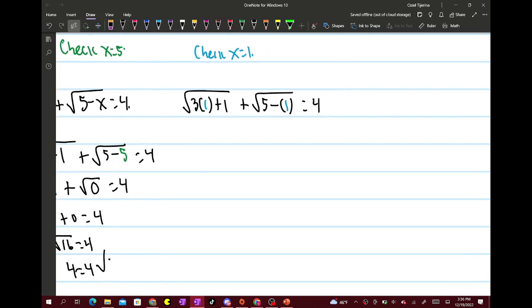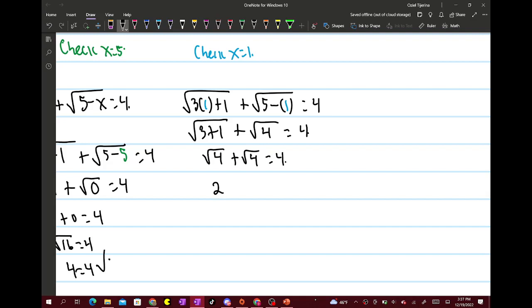So then this would be the square root of 3 plus 1 plus the square root of 4 is equal to 4. So the square root of 4 plus the square root of 4 is equal to 4. This would be 2 plus 2 equals 4. So then 4 equals 4.